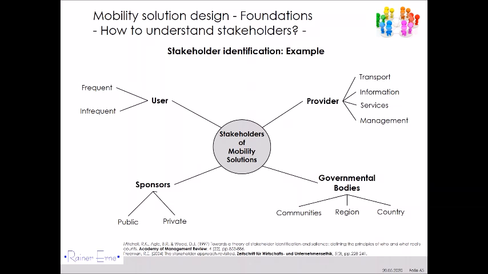So it depends a bit on the structure, how governmental bodies are organized. But this might also be interesting stakeholders. And also private sponsors. They might be public sponsors or private companies which invest into mobility solutions.